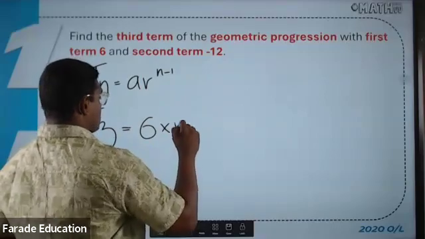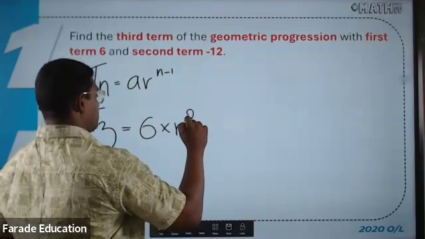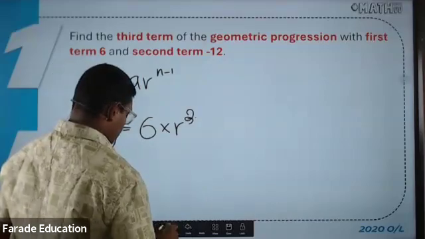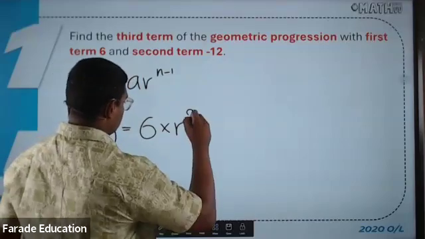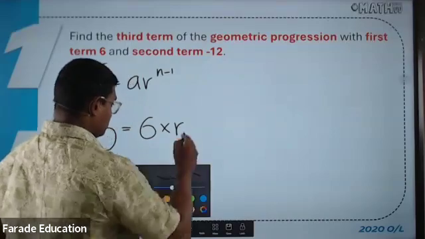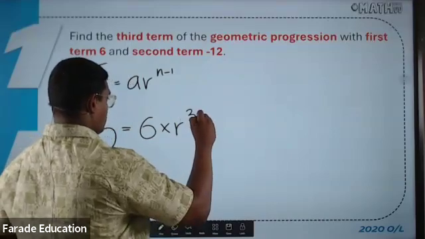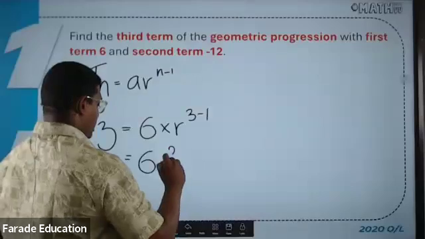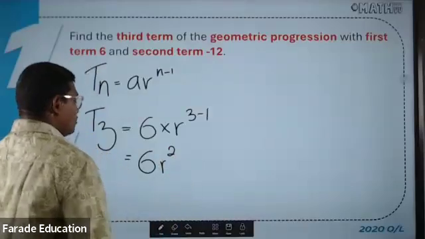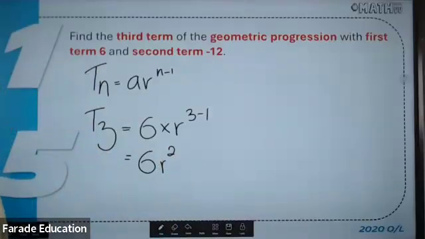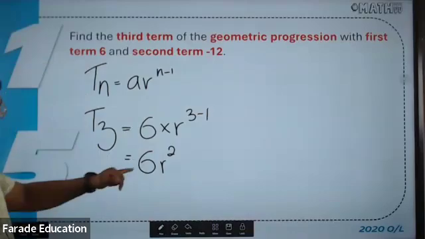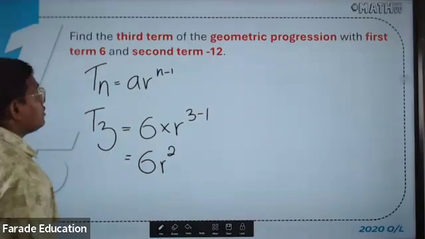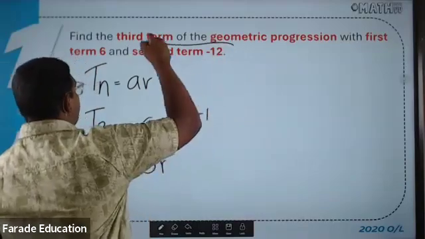Okay. 6 r to the power 3 minus 1, six r squared. This is what I need to find the value of the third term. So what do I miss here? I don't know the value of r. To find that only, they gave this.